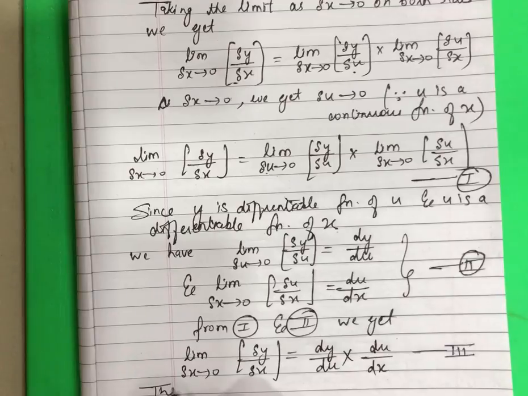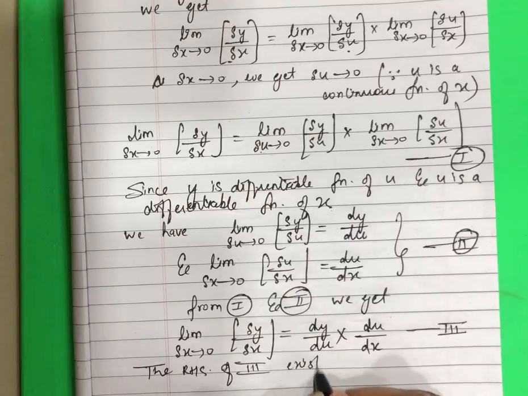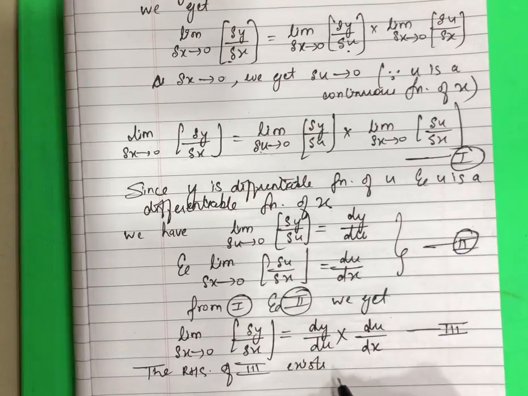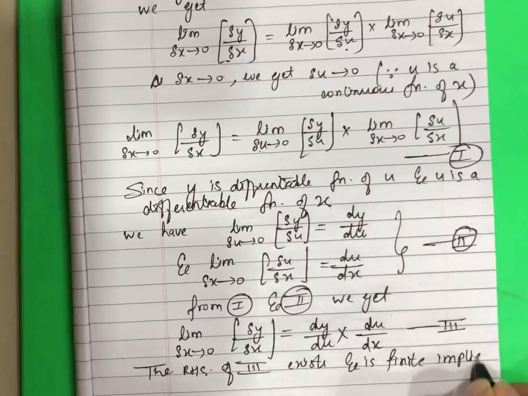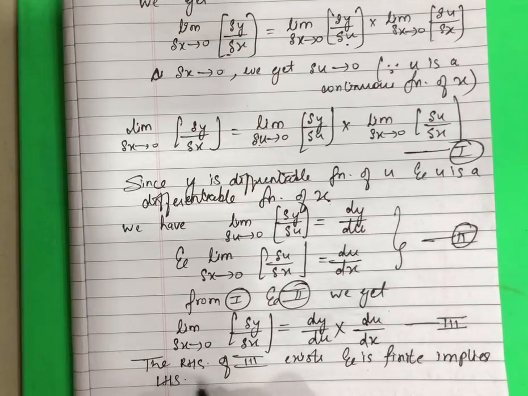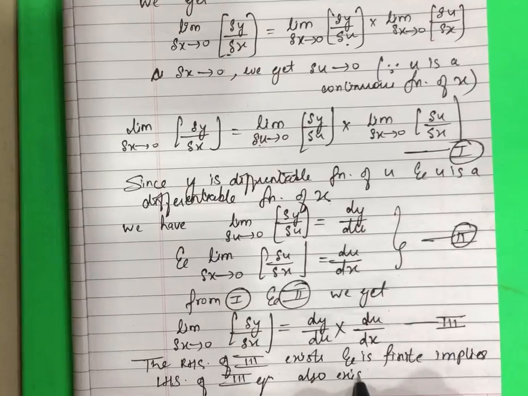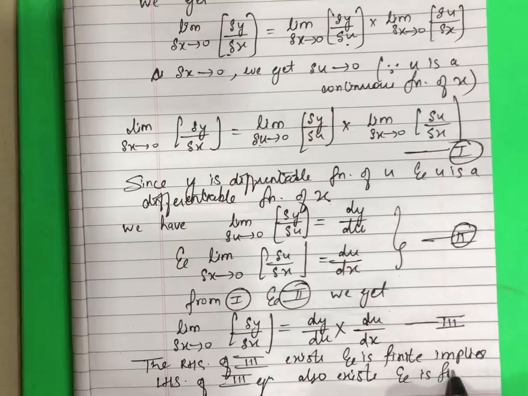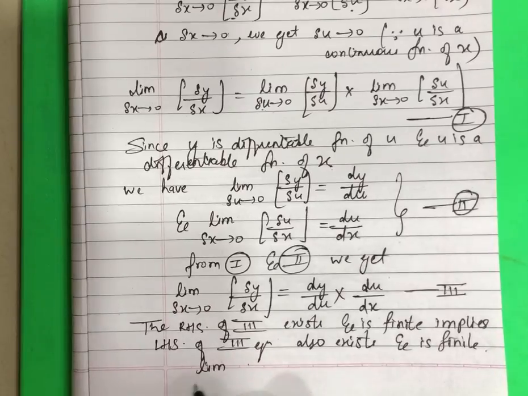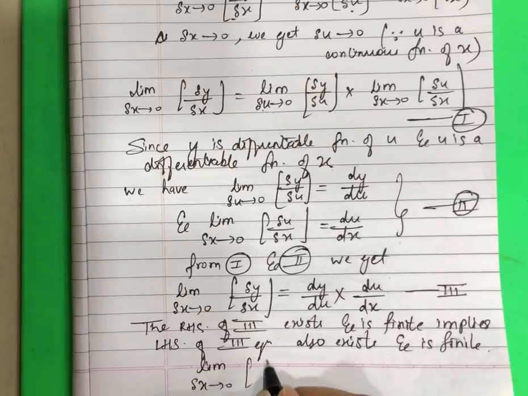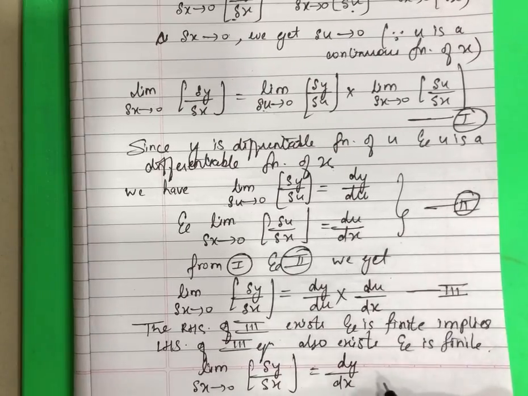Now the right hand side of third exists. What we need to prove we are getting, and it is finite, which implies obviously the left hand side of third equation also exists and is finite. So by this we can write limit del x tends to 0 of del y upon del x is equal to dy by dx.